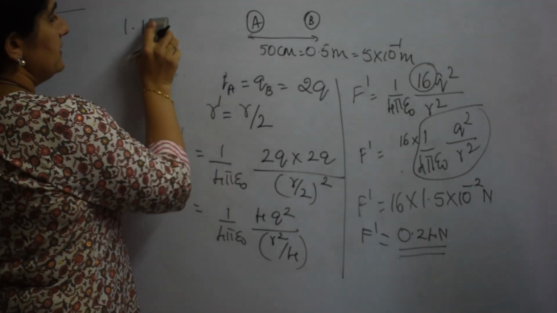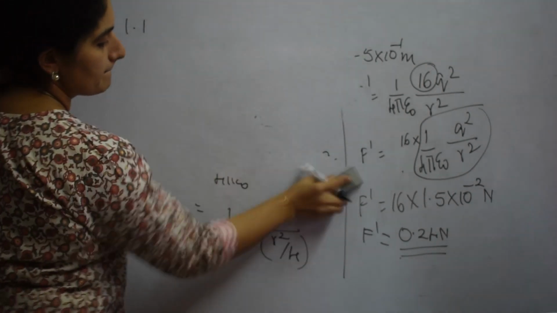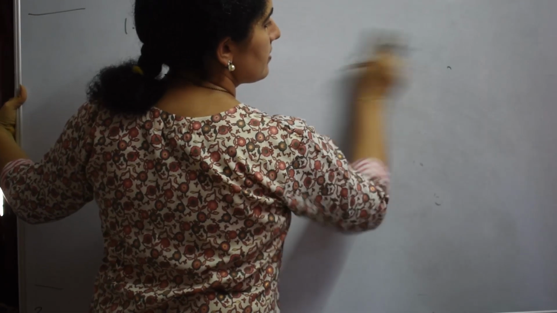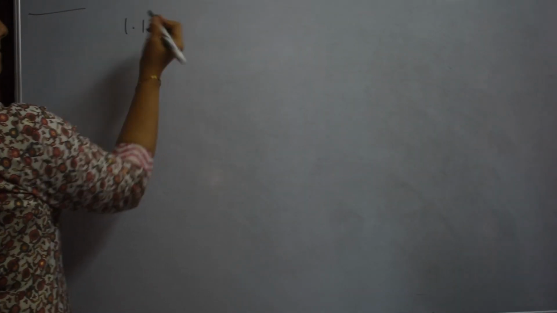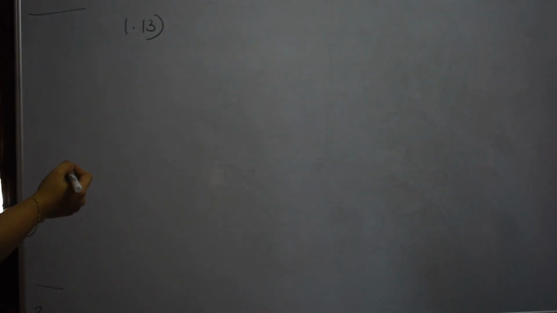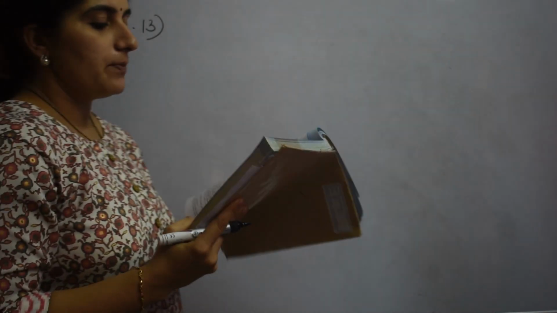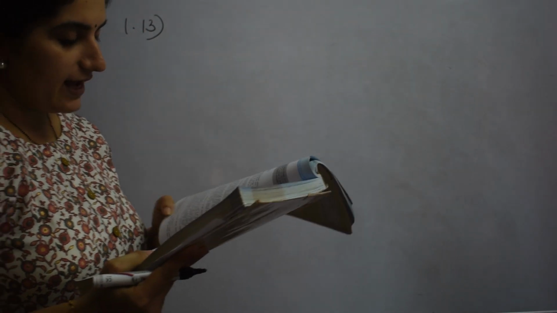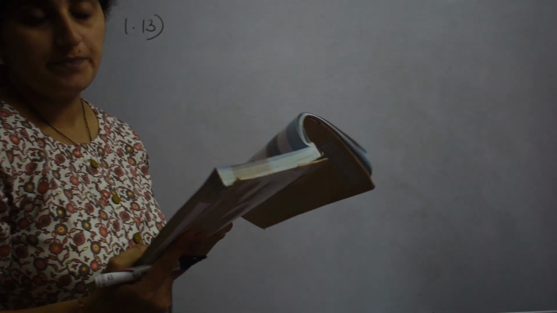Next, 1.13. Suppose the spheres A and B in exercise 1.12 have identical sizes.